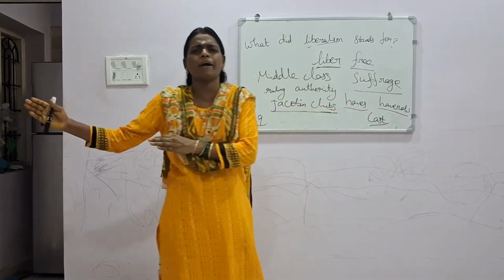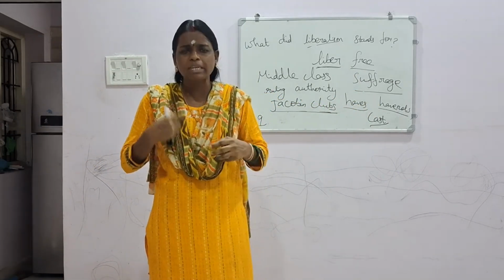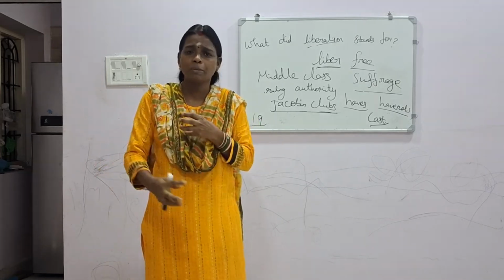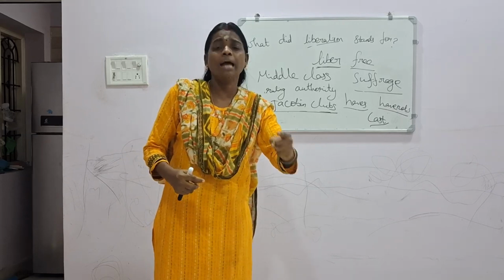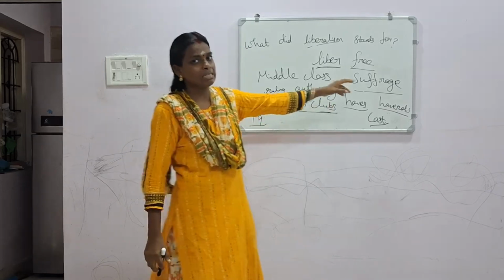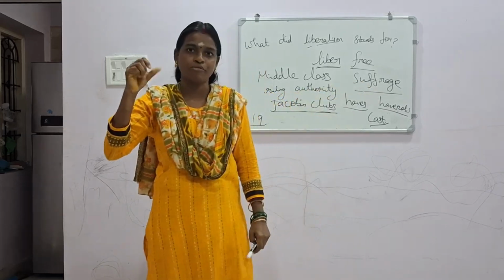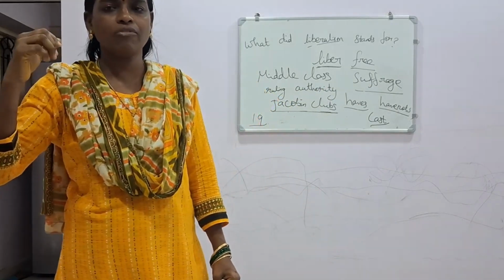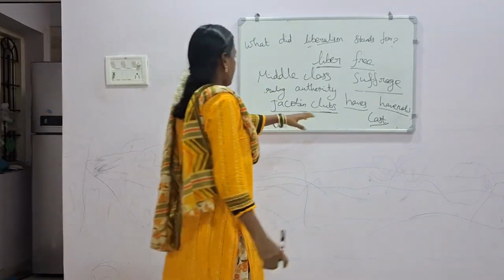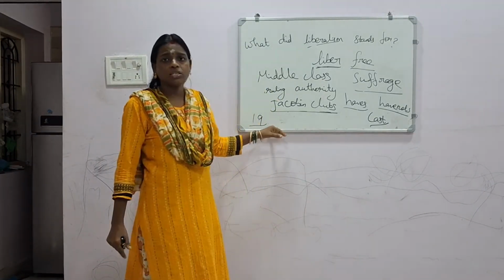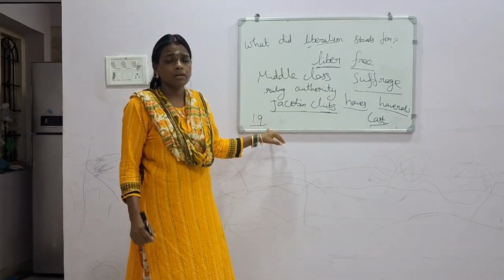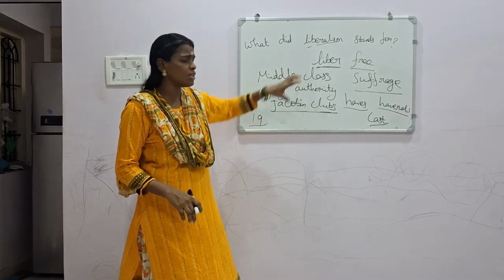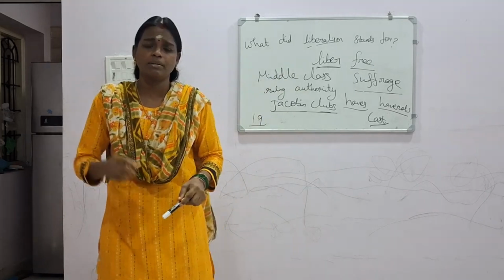It takes more time and caused many revolutions. All the men and women participated against the government and demanded universal suffrage. But one day it became fruitful. So these are the information which I have given in your book.